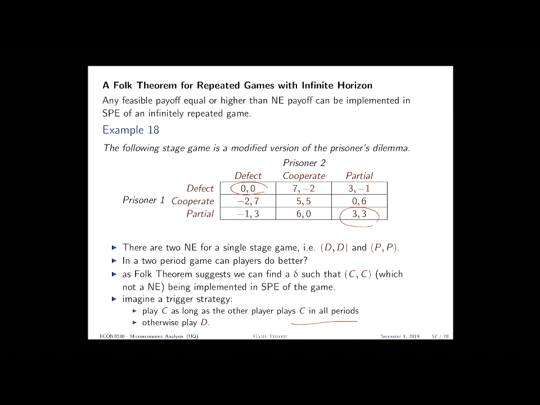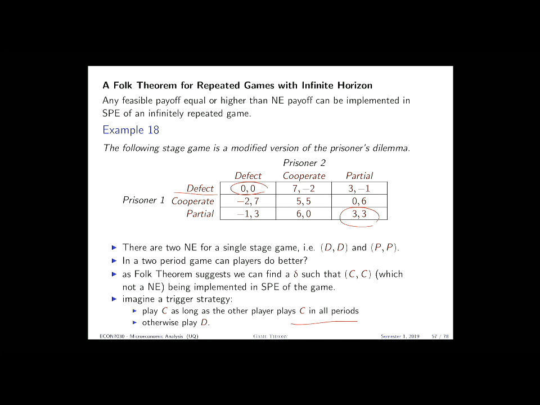They may go partial. That would be a different trigger strategy. So let's focus on the following trigger strategy: players cooperate for the rest of the game as long as there's no history of defect or confession. If there was a history of defect or confession, then you'll play defect for the rest of the game.